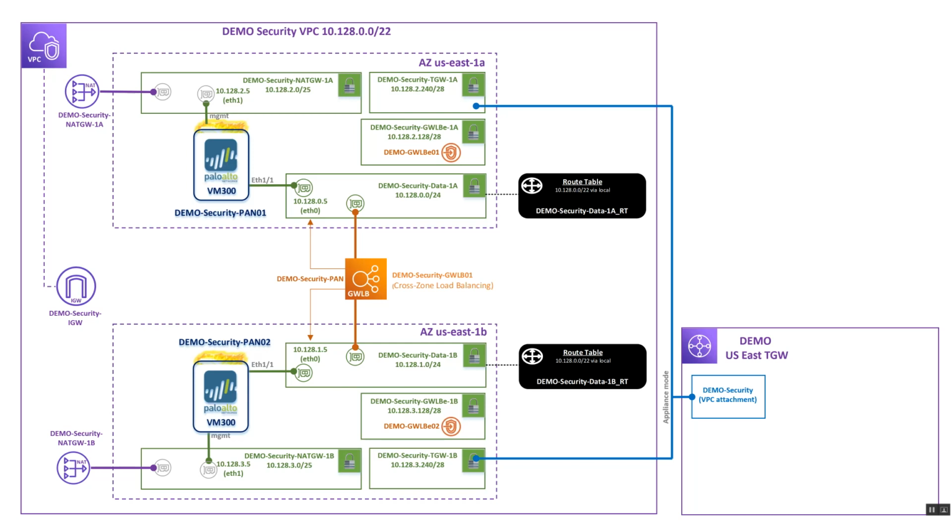So in this particular case, we're going to create route tables data 1A and 1B for the security data subnet. Nothing special in this route table. It just has the local route because it's really not doing much, right? The gateway load balancer is going to communicate with the Palo Alto, meaning it's going to send packets to the Palo Alto using Geneve encapsulation. So they're both on the same subnet. There's nothing else that really is needed in that route table, right? So just keep it default.